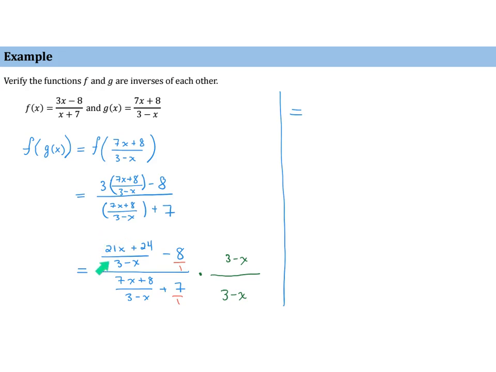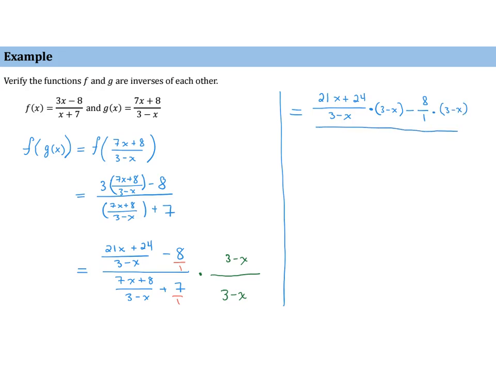I'm going to take this fraction, multiply by 3 minus x. So we have 21x plus 24 over 3 minus x, and we're going to multiply by 3 minus x, minus 8 over 1 times 3 minus x.